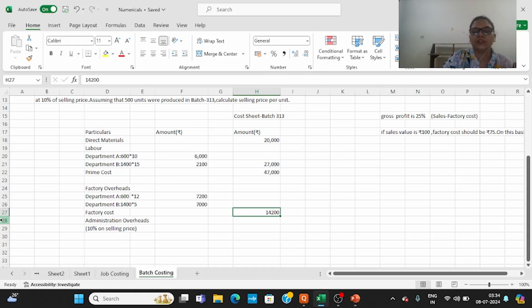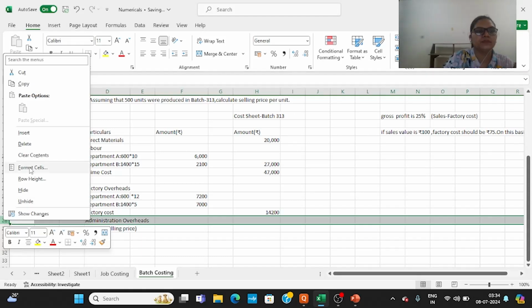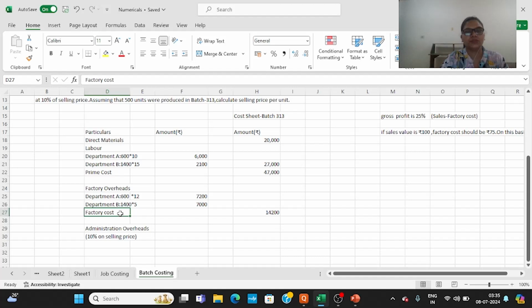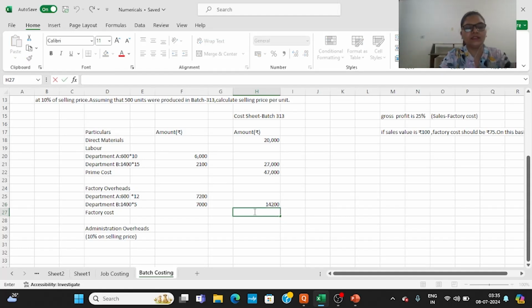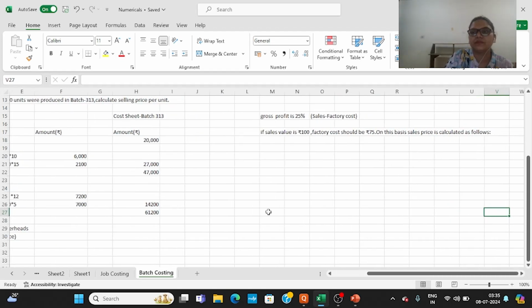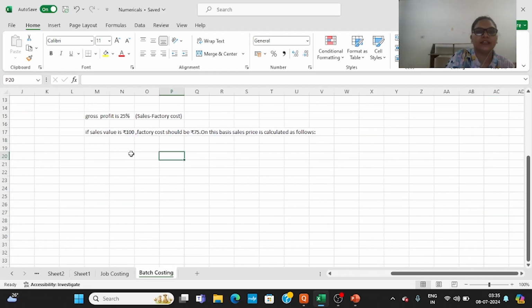Let me insert one column over here so that we can write the factory cost. Control X will be 14,200. Then we have control C, 61,200. It is like this, which is calculated as follows.